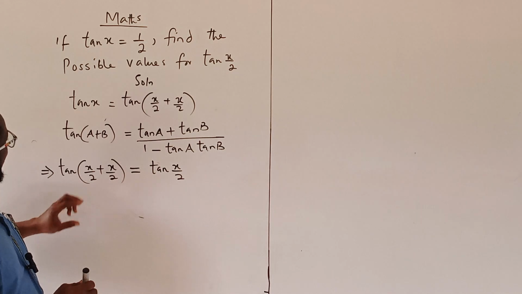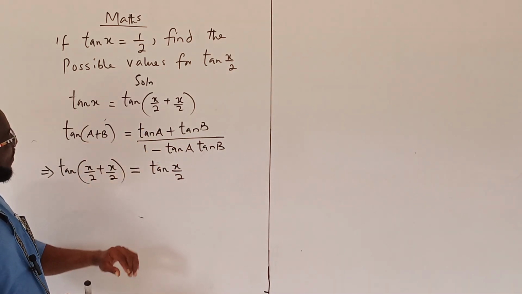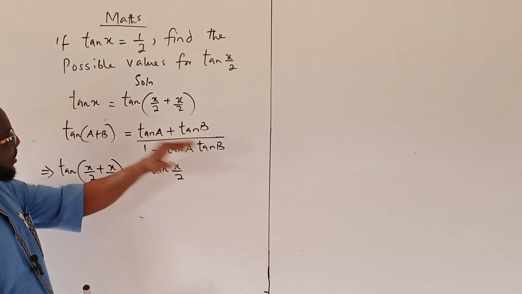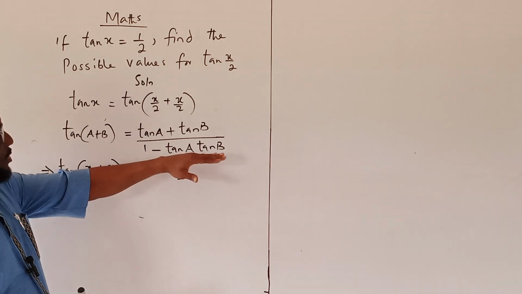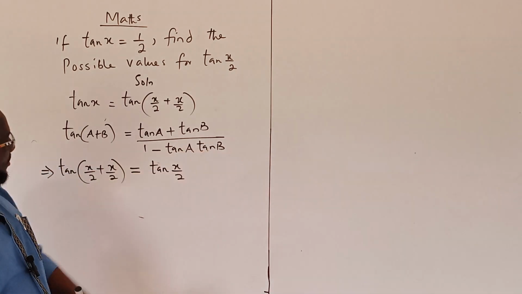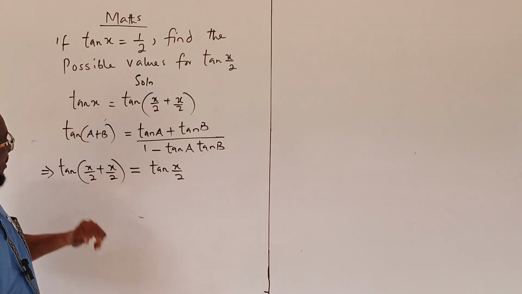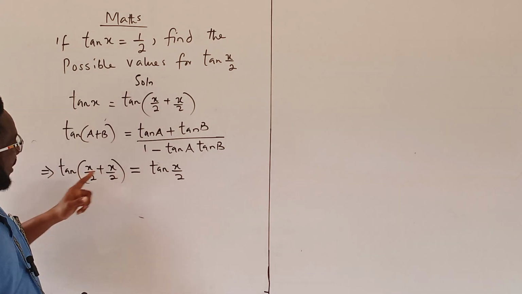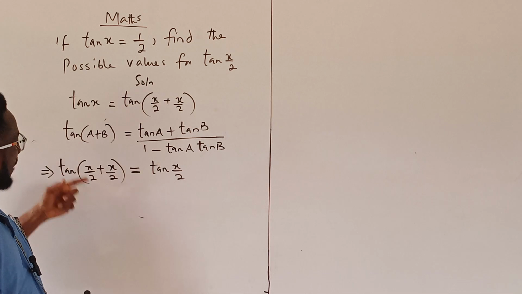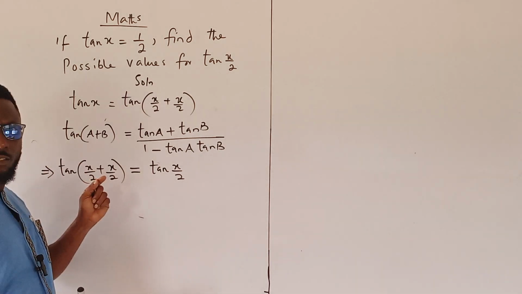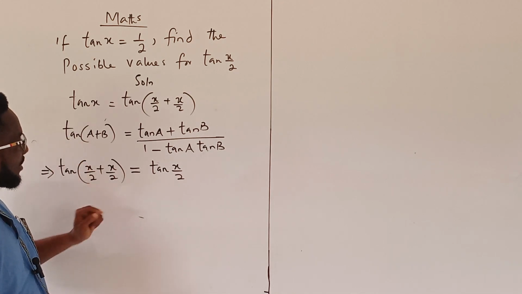If the tangent of two angles A plus B is equal to tangent of angle A plus the tangent of angle B, everything upon 1 minus tangent of angle A multiplied by tangent of angle B, then if you are to express the tangent of half of x plus half of x, it means that A is half of x and B is half of x.